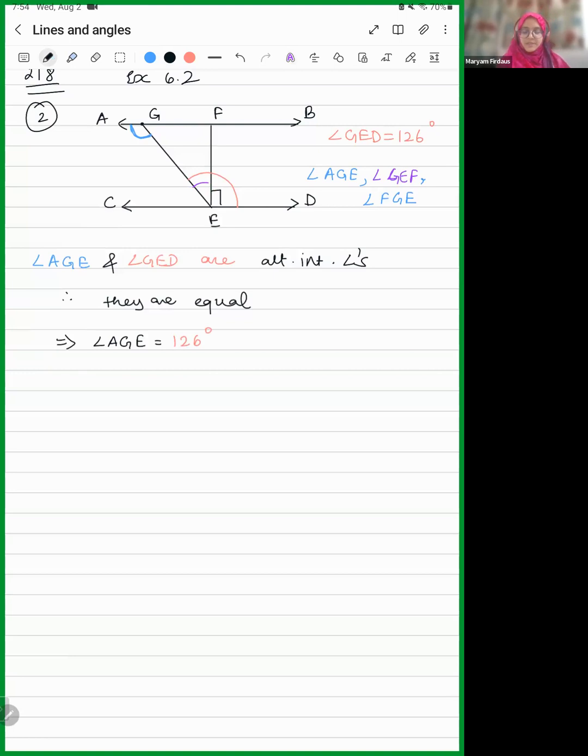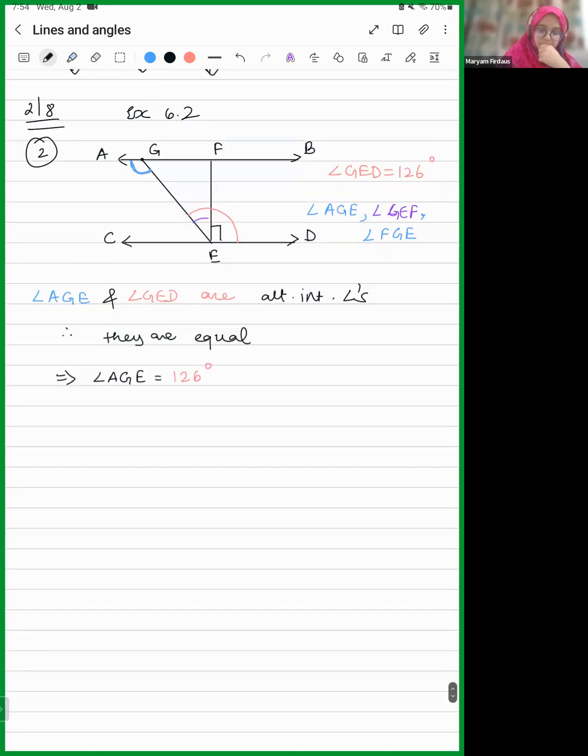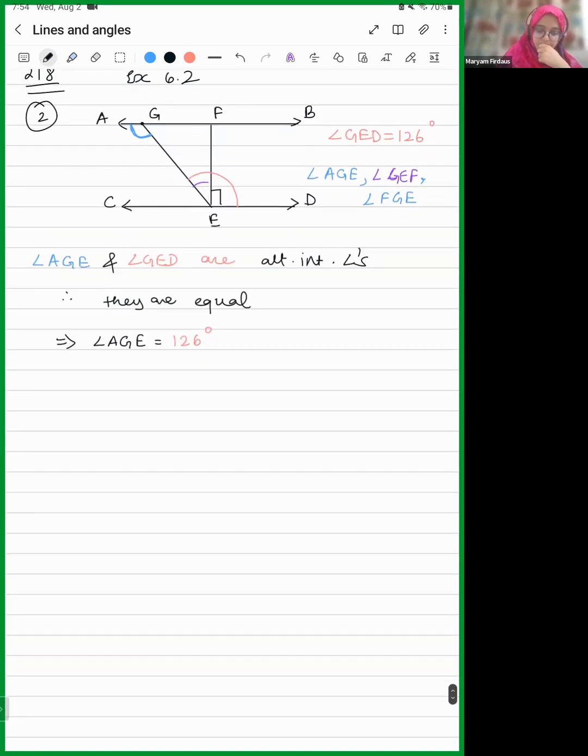How will we find angle GEF? This is very simple. Who will tell me? 126 minus 90. Yes.